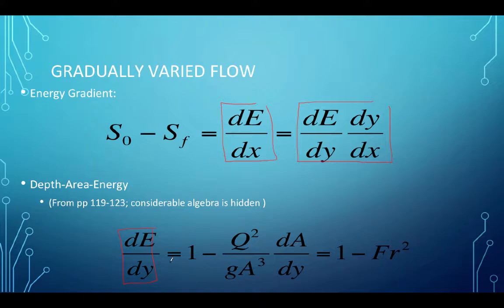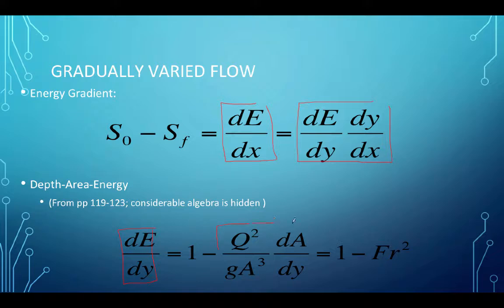And it turns out that the first derivative of specific energy with respect to depth is equal to 1 minus the quantity Q squared over gA cubed multiplied by the quantity dA dy.